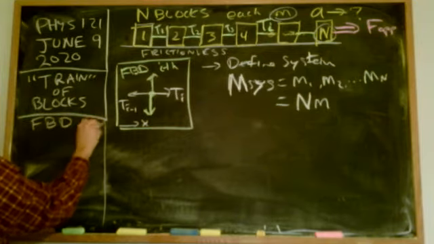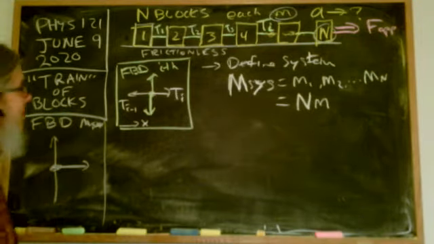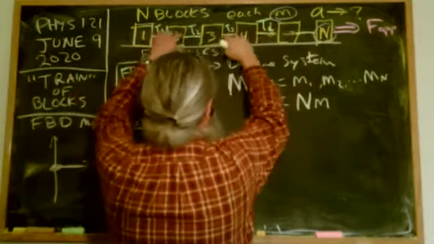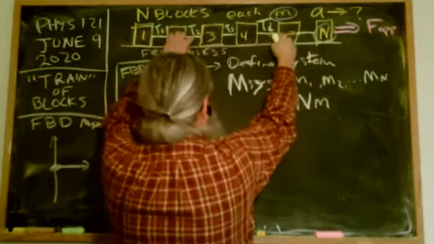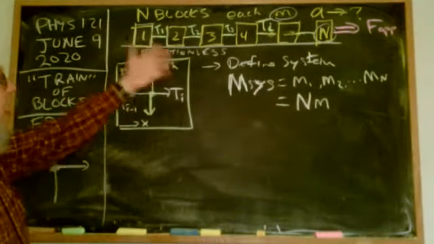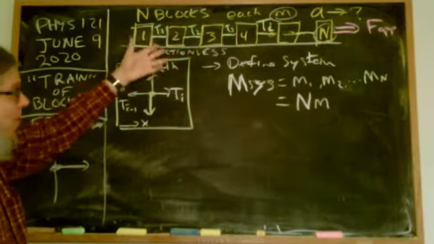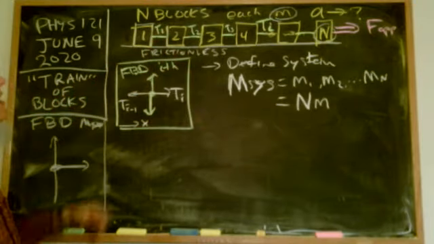And it's a very simple free body diagram. Again, vertical forces, we don't care. I can ignore all these tensions because those tensions are inside the system. I put a boundary around all those, the system includes the pieces of rope, so I don't have to worry about the tension between the individual things.